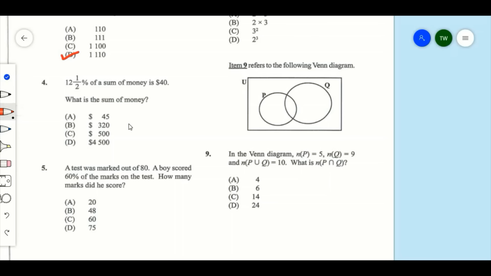Question 4. 12.5% of a sum of money is 40. What is the sum of money? We're going to let the sum of money be N, right? Now, 12.5% means 12.5 over 100. Remember, a half as a decimal is just 0.5.